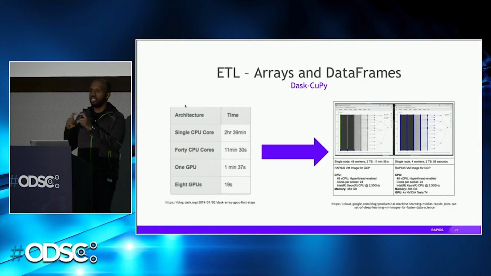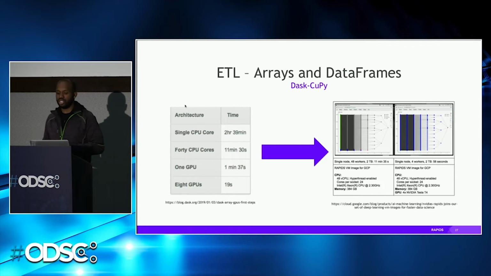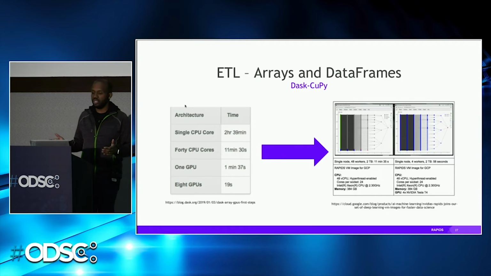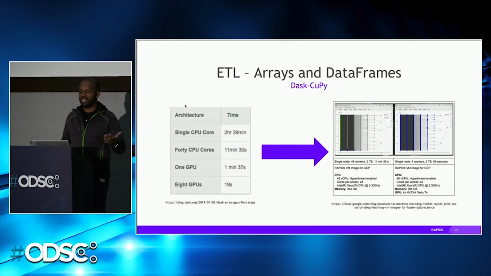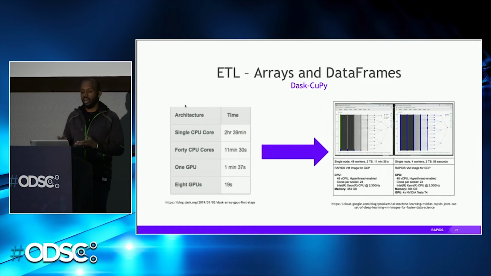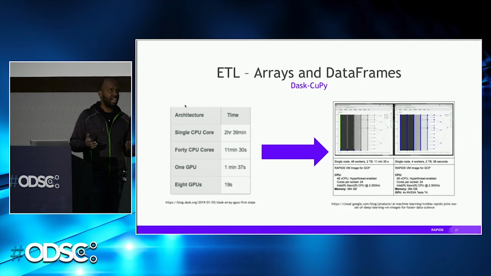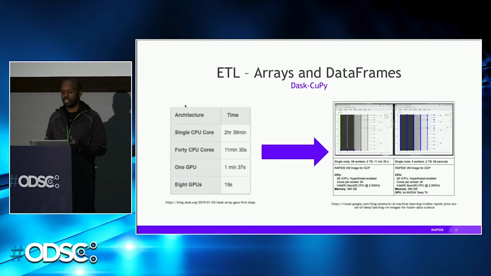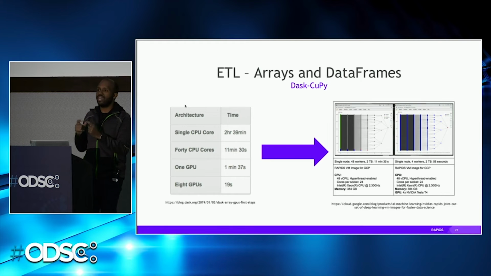It's a 75-watt, very low-powered GPU. With 16 of those across 4 machines, we did this in about 58 seconds, whereas doing it on 48 cores took about 11.5 minutes. So even when you think about a GPU that's almost at cost parity or even cheaper than a CPU, you're still getting a massive improvement.